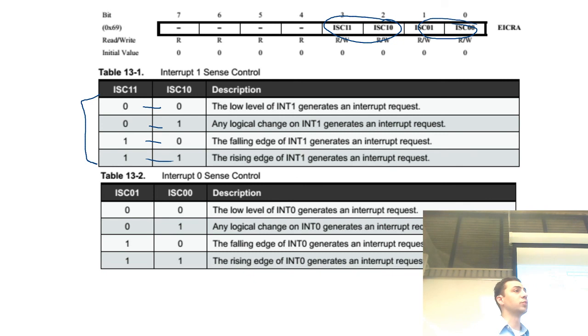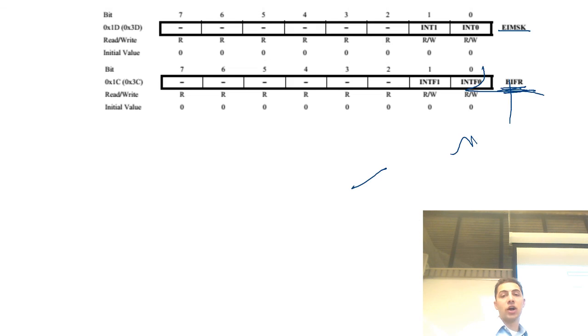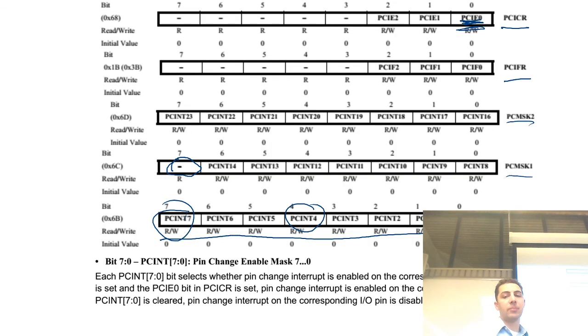So you can choose which kind you want: low level, any change, falling or rising. Okay, and you can do that independently for both external interrupts. And then they each get their own interrupt vector. Whereas pin change interrupts, any pin change interrupt on this port basically happens all at once.